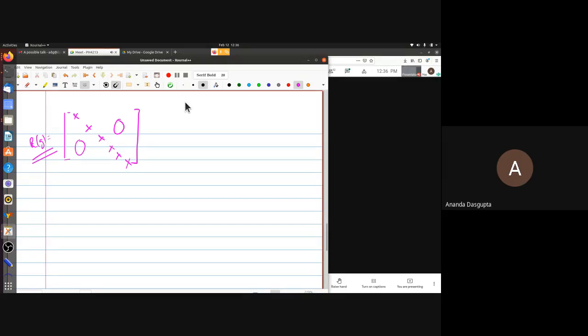Things will not be that easy here, but the closest you can get to that is something like this. RA might end up looking somewhat like this. Well, not only RA, all the RGs. You can't diagonalize all the RGs together.